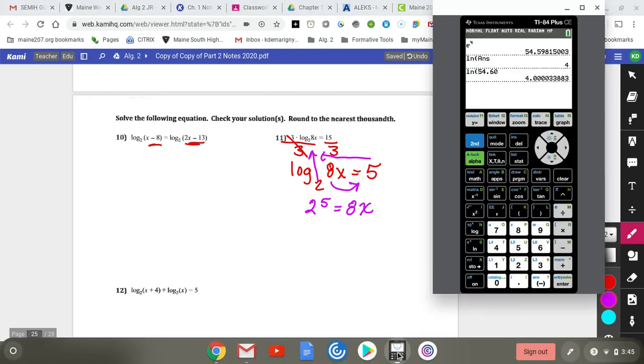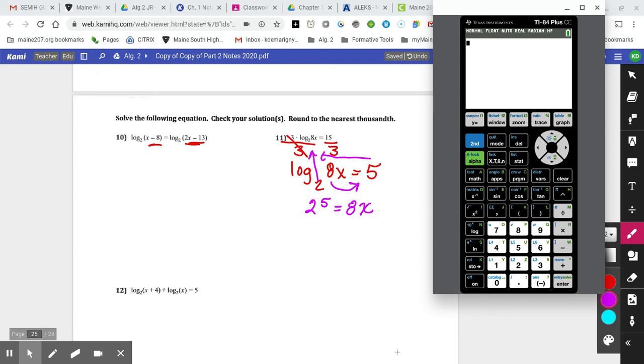I'm going to clear off what's on here, and I'm going to take 2 and raise it to the 5th power. And on the left-hand side now, I have 32 is equal to 8x, and it's a nice one. So when I solve it, I'm going to divide both sides by 8, and my value for x then is going to be equal to 4.